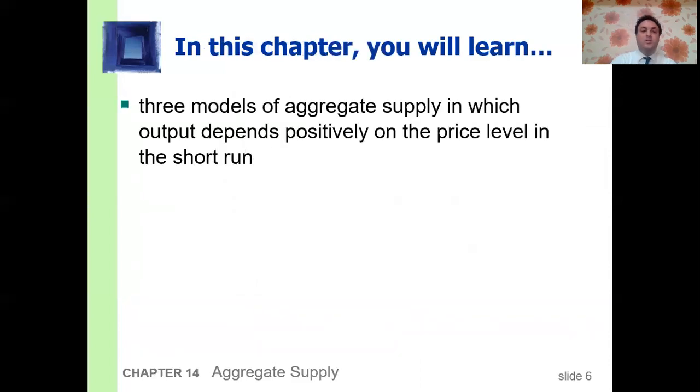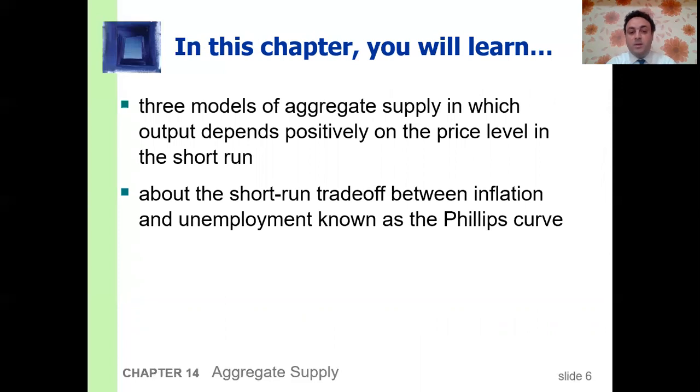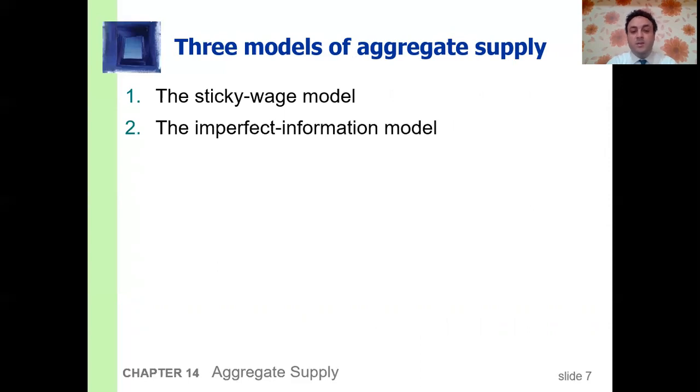So we will learn in this chapter three models of aggregate supply, in which output depends positively on the price level in the short run, and the short-run trade-off between inflation and unemployment, known as the Phillips curve. Let's talk first about the three models of aggregate supply, which are the sticky wage model, the imperfect information model, and the sticky price model.